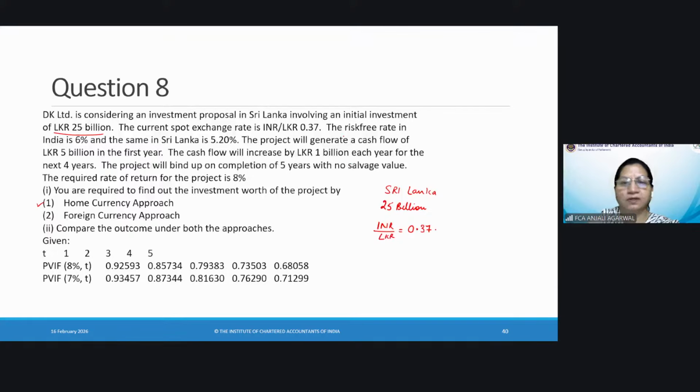The risk-free rate in India is 6%. Home currency 6%. And in Sri Lanka it is 5.2%. The project will generate a cash flow of Sri Lankan 5 billion in the first year. What will be the cash flow?